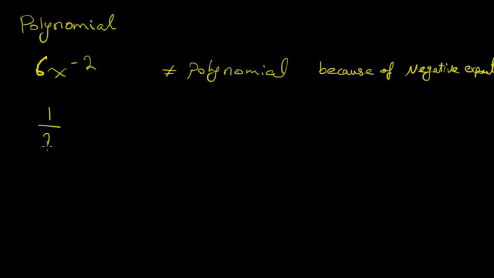One over x to the second power also is not a polynomial, because there can't be any variable in the denominator of any fraction.